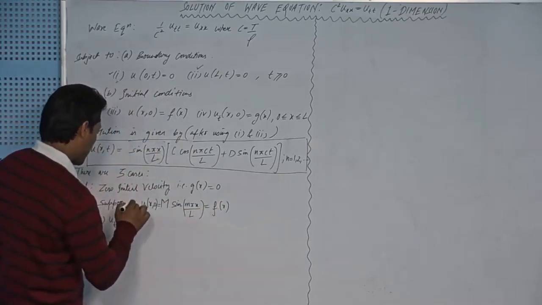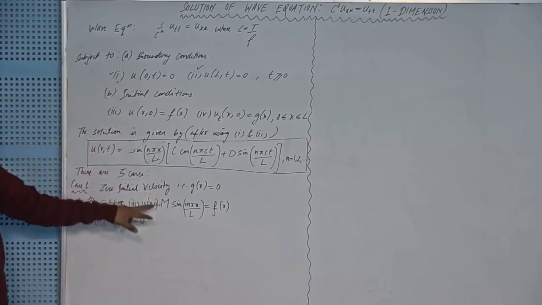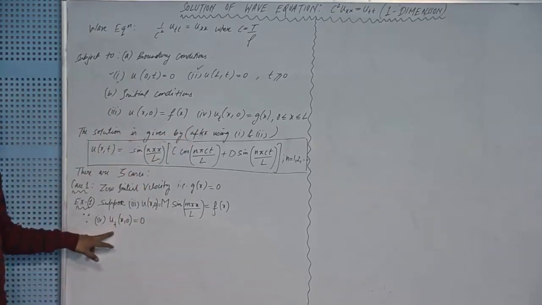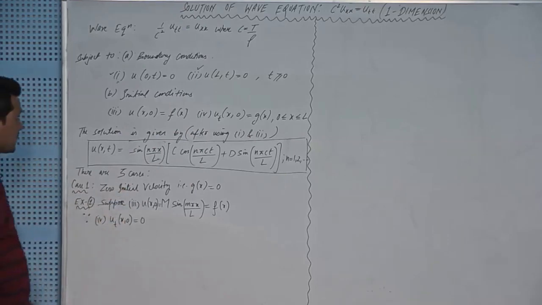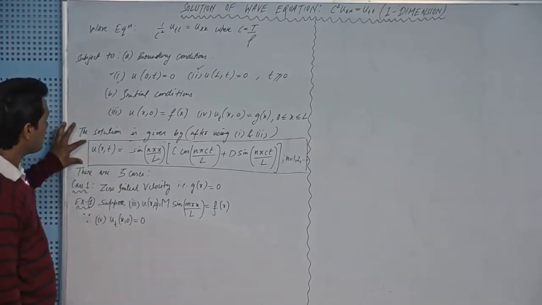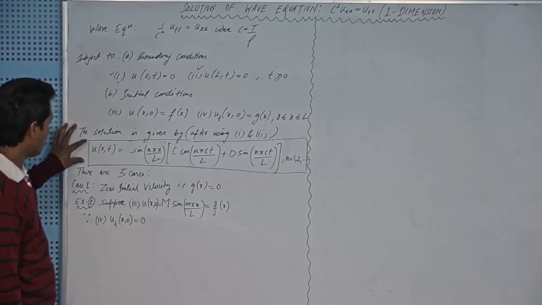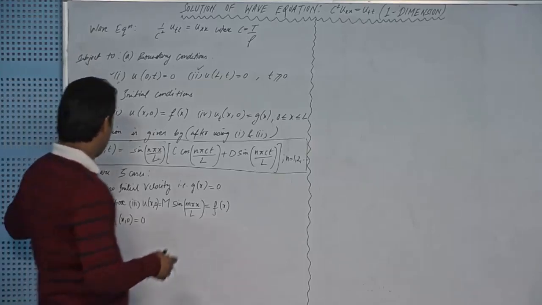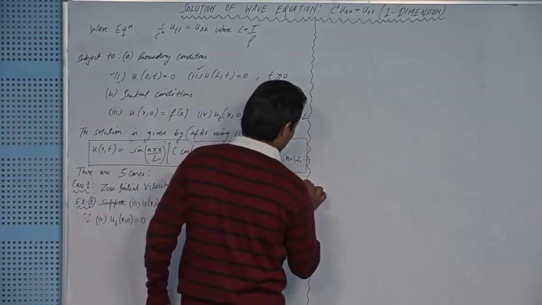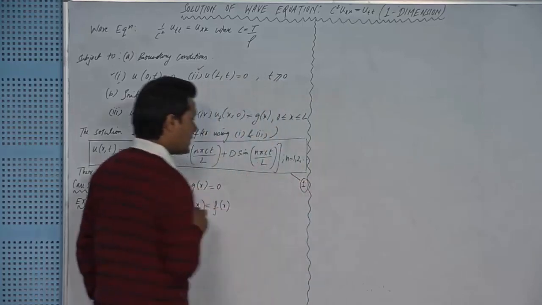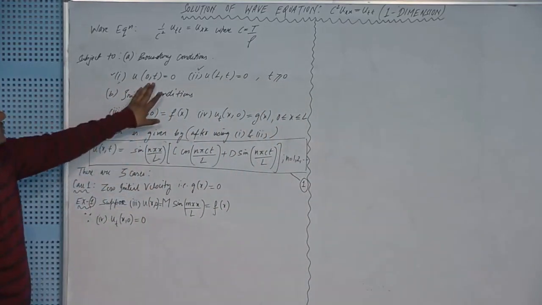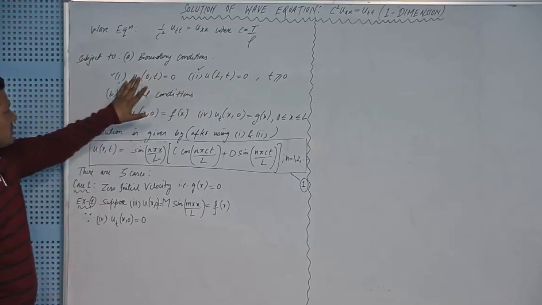And this was our condition number 3. Third becomes this and fourth becomes this in this case. On this solution, let me name it equation number 1. It already contains the first and second conditions.